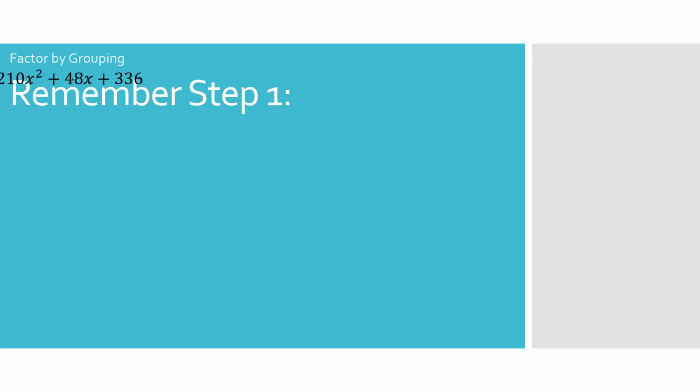Okay, let's look at 2 more examples, but now these are going to have a GCF that we can factor out first. So 30x to the third plus 210x squared plus 48x plus 336. If you see really large numbers that you're not used to seeing, there's a very good chance that there is a GCF you can factor out of everything first to make those numbers smaller and a little more manageable.